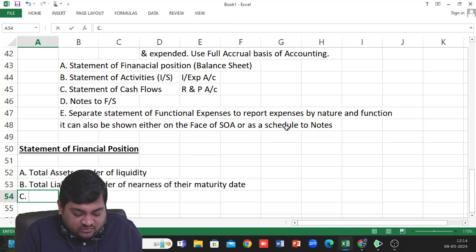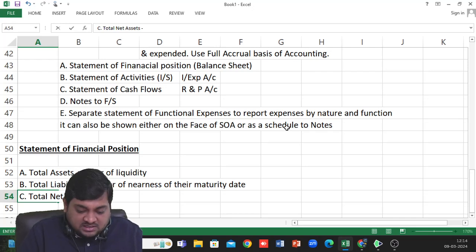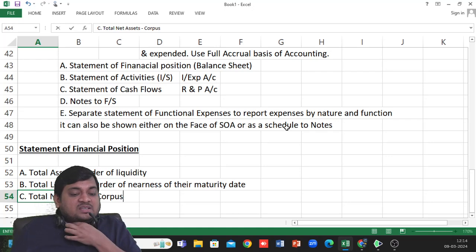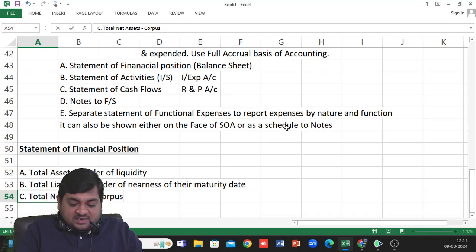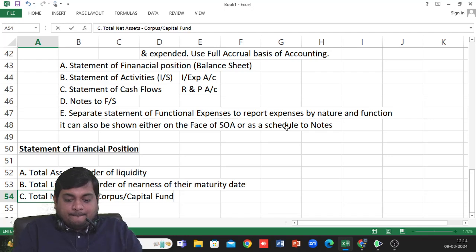And then we have total net assets. Basically, it means the corpus. This is the corpus. This is the capital fund, we say. Right?